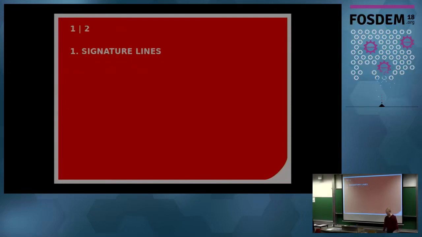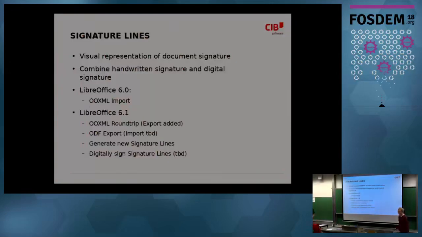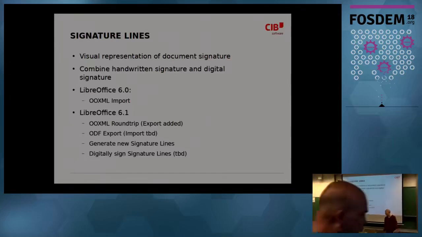Okay, let's start with signature lines. Signature lines are a visual representation of the document signature. I'll show that in a document later. Like in a handwritten document, you put your signature in a predefined field. You can also have this for digital documents and connect it with a real signature so that you see whether the signature is valid or whether the document was changed after that.